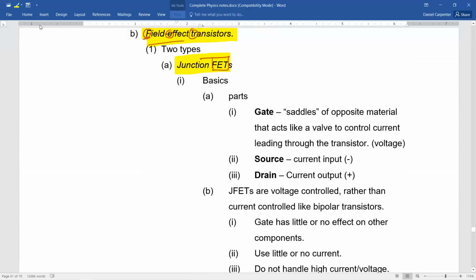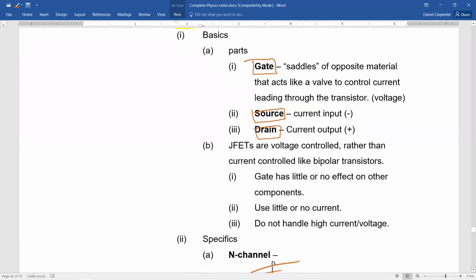So basically, instead of having the gate, the base, the emitter, I said that wrong. We've got the gate, the source, and the drain, but it's kind of the same principle, except notice this.